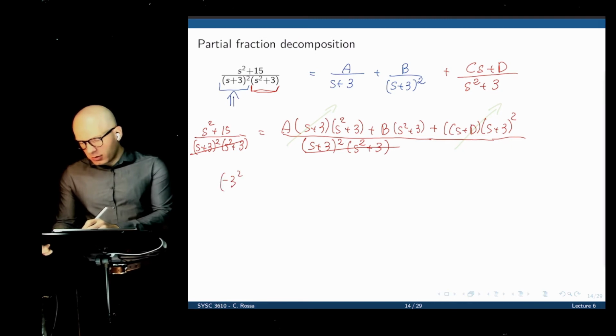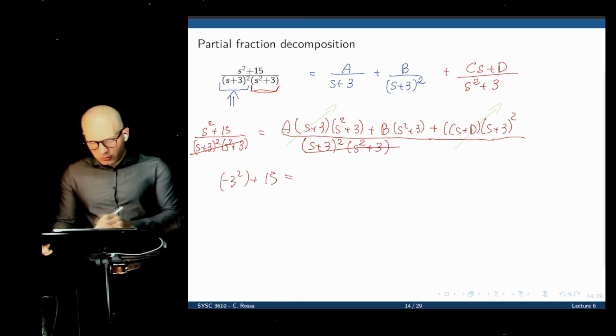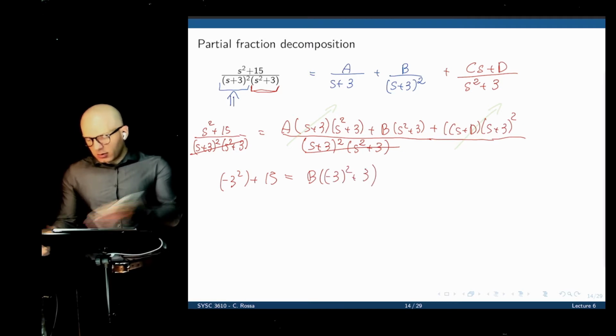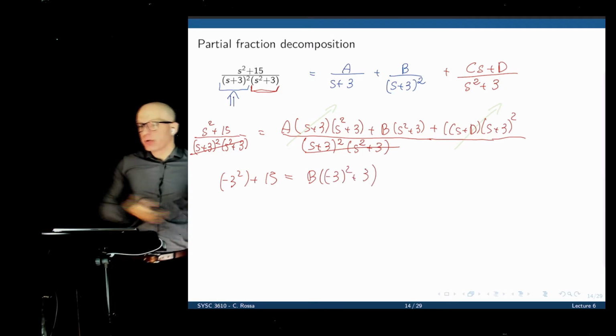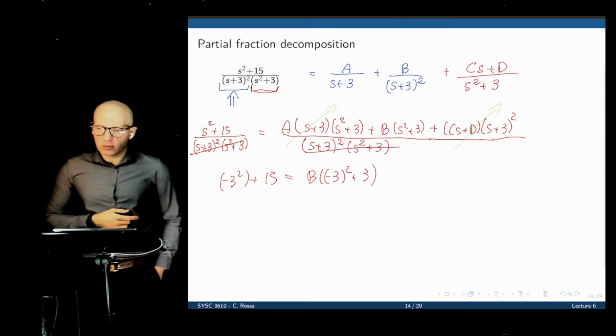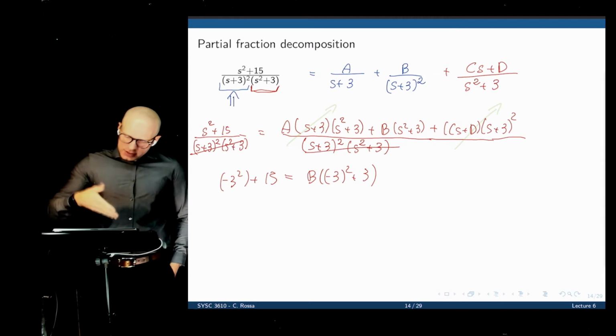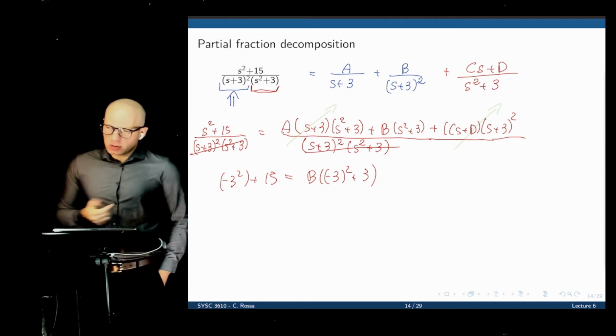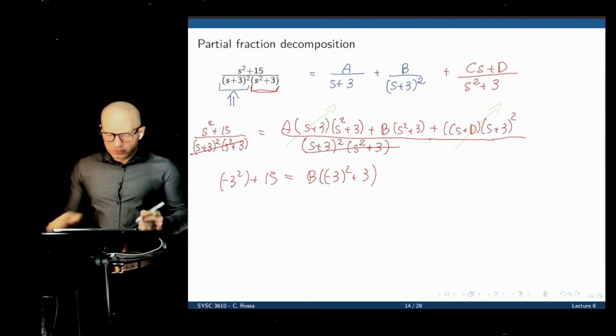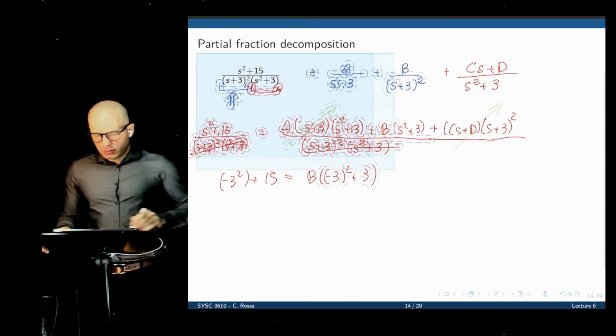So 3 squared plus 15 equals b times -3 squared plus 3. The only variable there is b, so right away we can find b. Right, using the same idea as before. But if you find a system of 4 equations, it should be relatively straightforward. Okay, thank you.